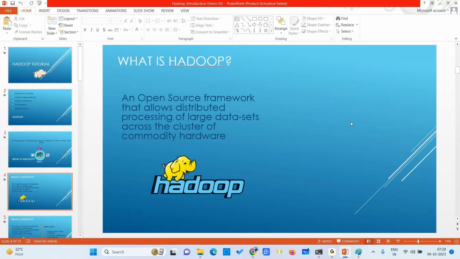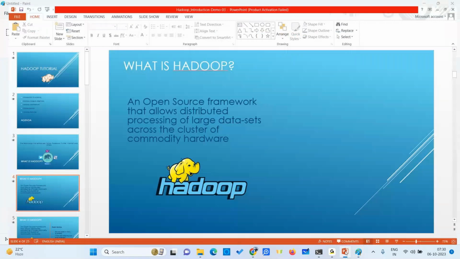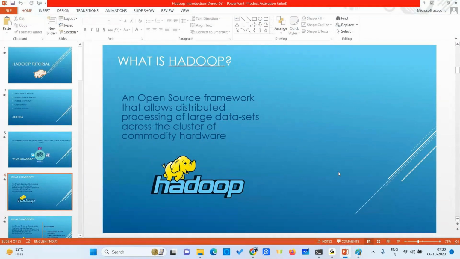Commodity hardware means hardware with a lower price. Okay, we can connect different computers together in a network, that is called commodity hardware. Group of computers is called a cluster.